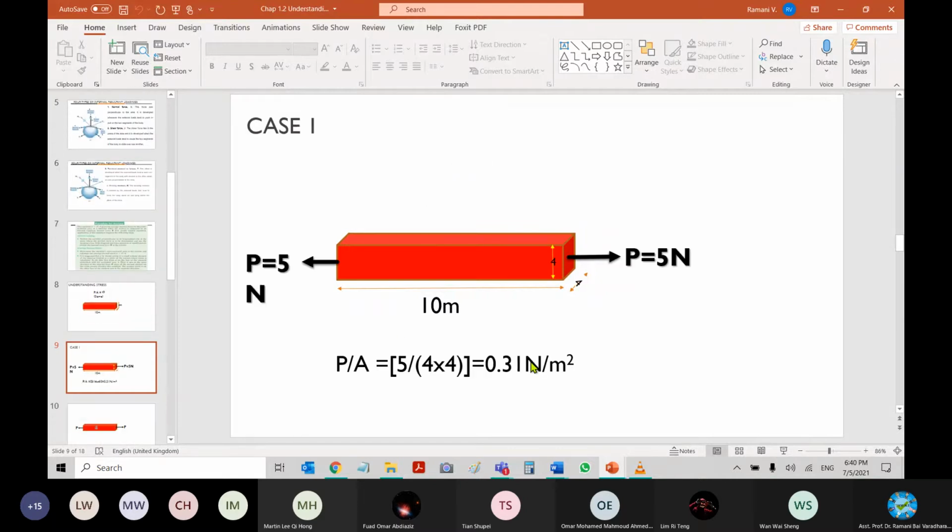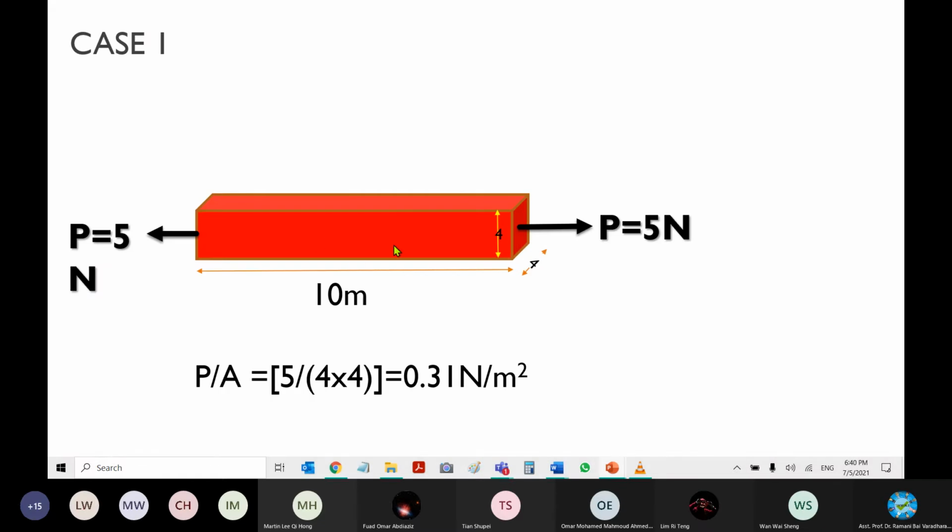Right, let's take this object and find out at any cross section. Imagine there is 5 Newton acting at the ends, okay? You're pulling this member by means of 5 Newtons at the ends. What happens at any cross section, at this point or this point, if you calculate the stress?